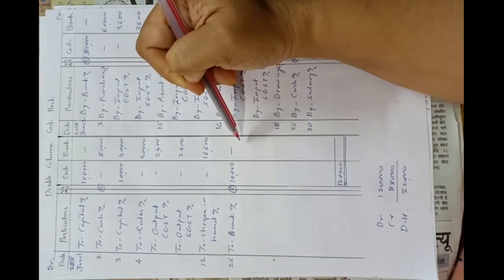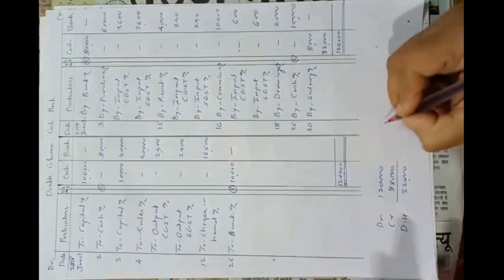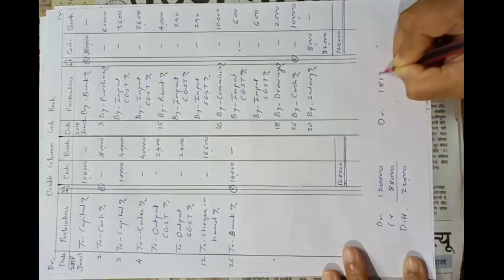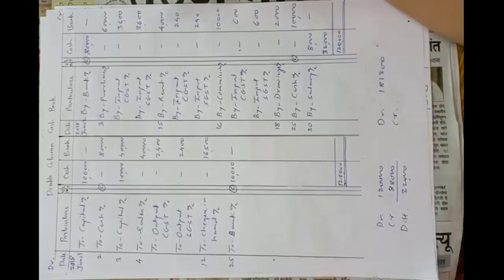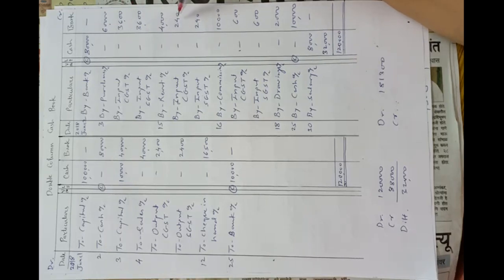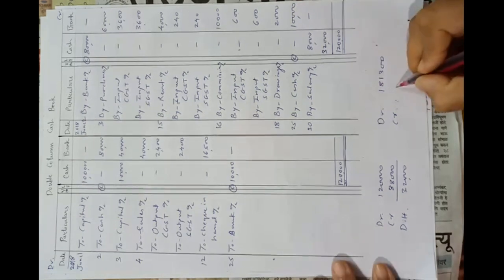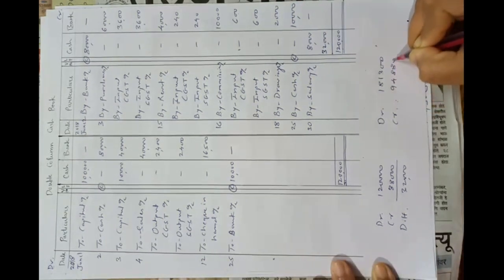Debit total is 1,81,300. Now credit total. It is 94,880.